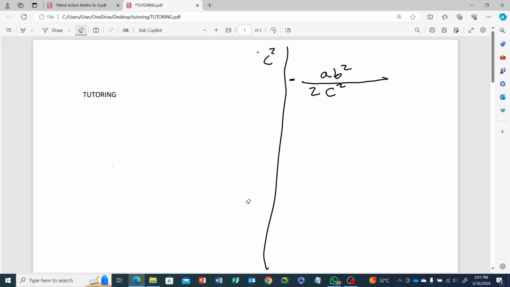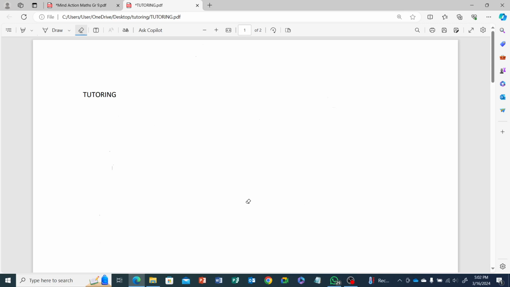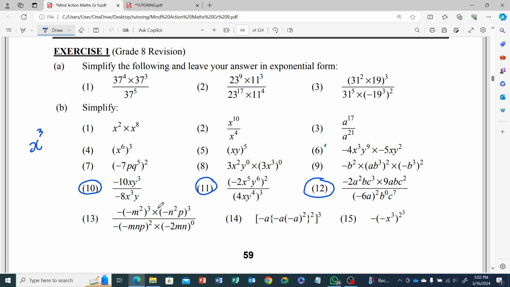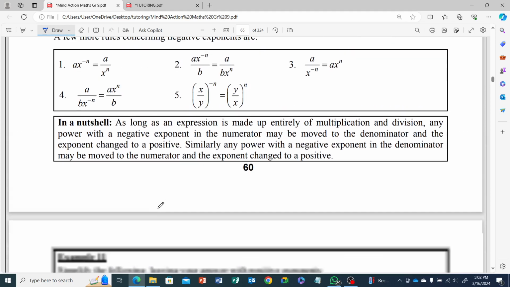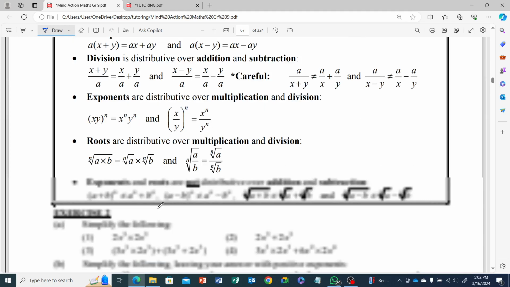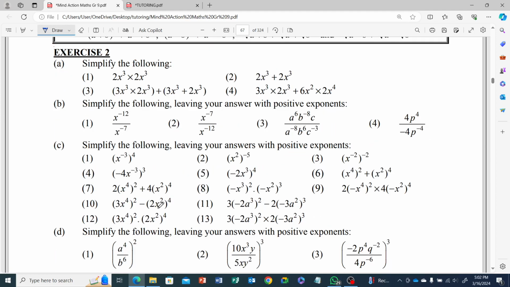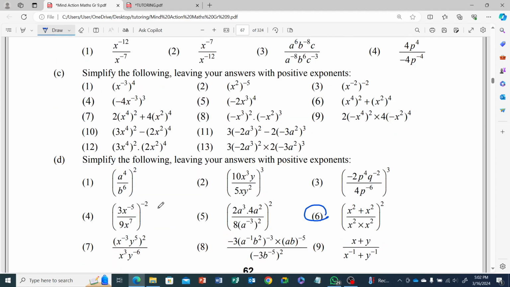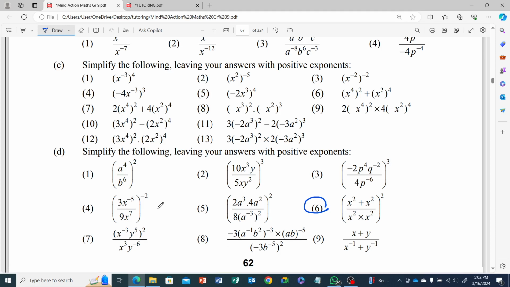Good. Now let's get the new one. Okay, so we are effectively going to deal with, let me remove this one.